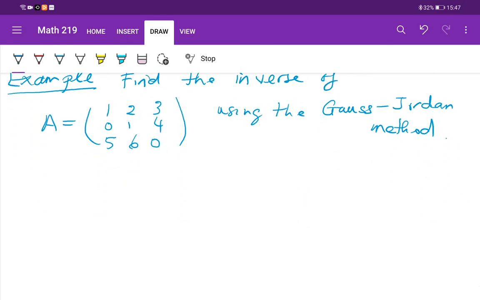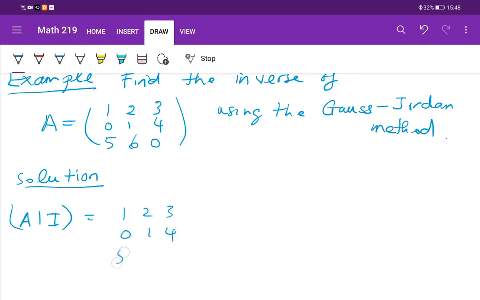We start off with the augmented matrix 1, 2, 3, 0, 1, 4, 5, 6, 0, and we put the identity on the right hand side.